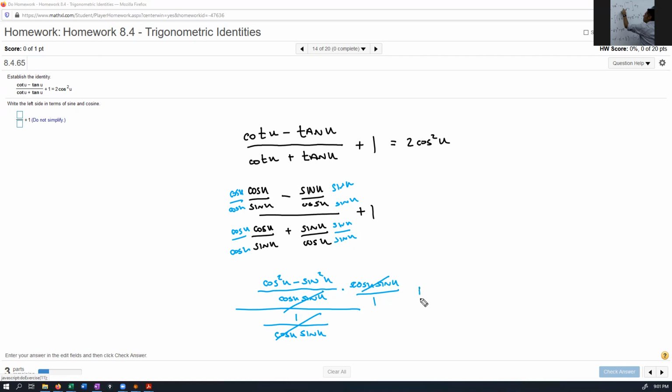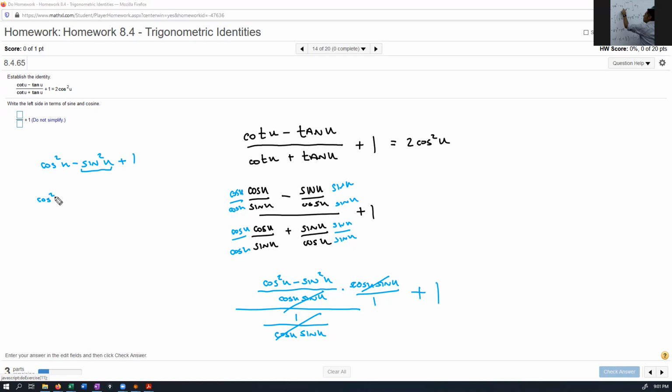Oops, I've got the plus 1 here, plus 1. So we have, let's see, let me see where we are. We are at cosine squared u minus sine squared u plus 1. And I need this all to be cosine squared. So I'm going to use the Pythagorean identity on this.